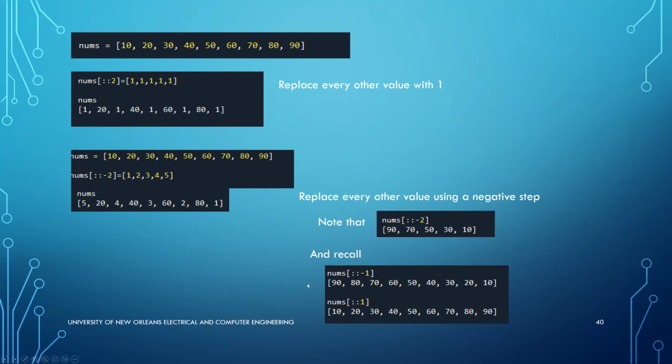Also, if you remember, if I do this, this might help you try to figure out how this is being done. We did this before, right? If I write this statement here, it simply means that I'm going to access the numbers in reverse order, starting from the last element, going from right to left.